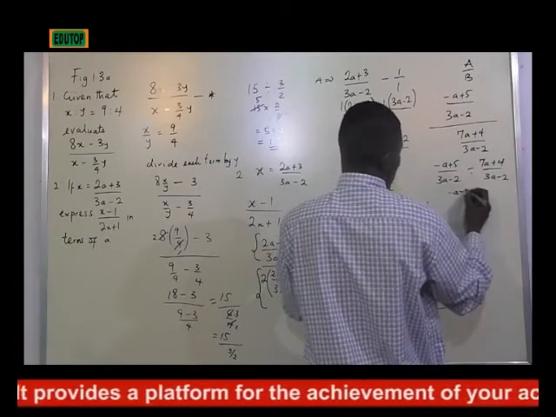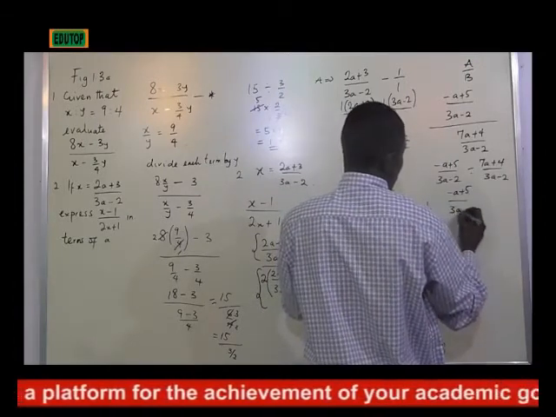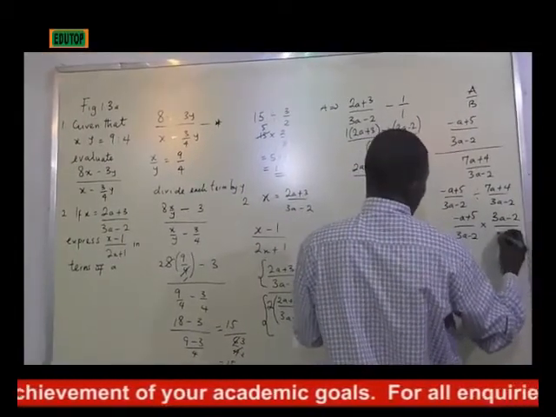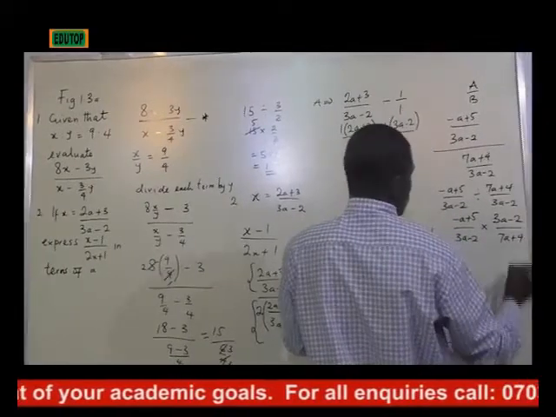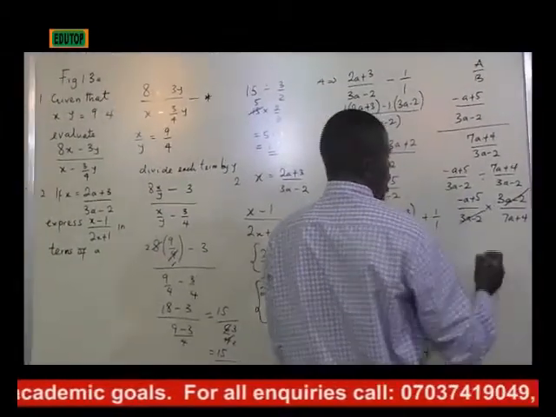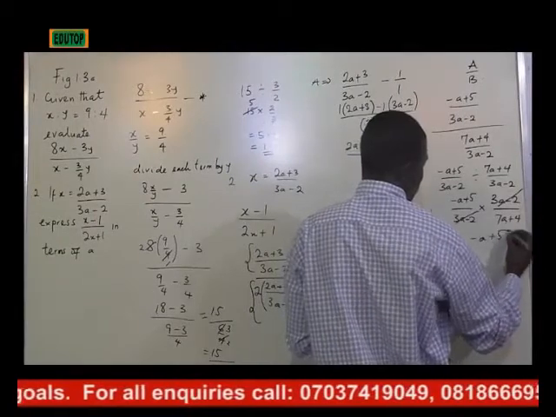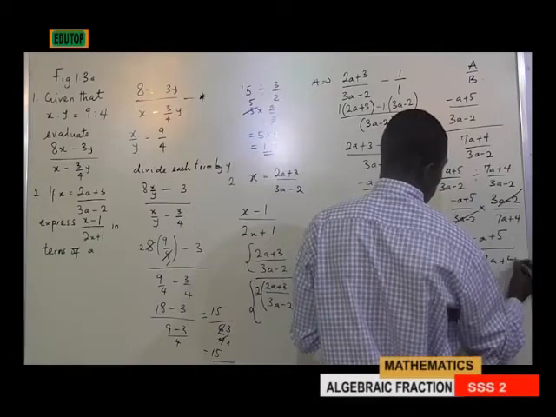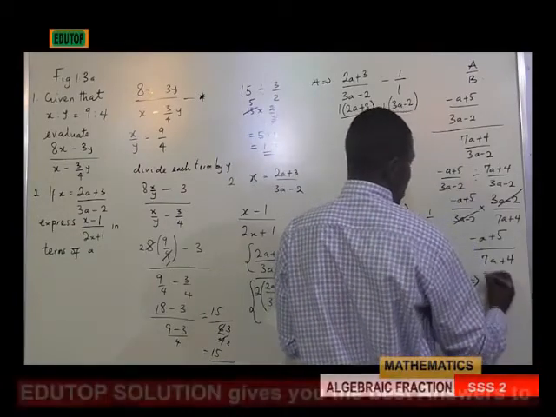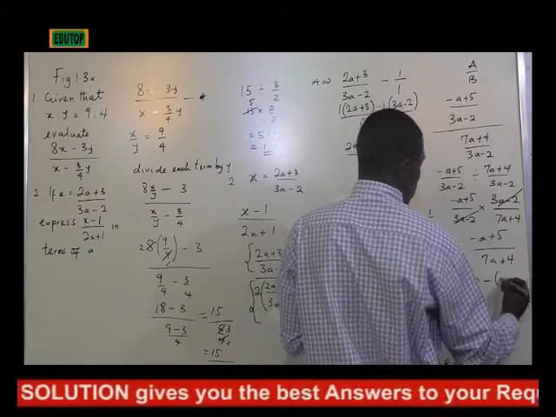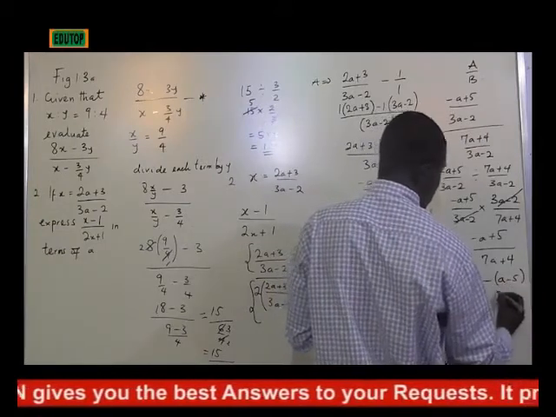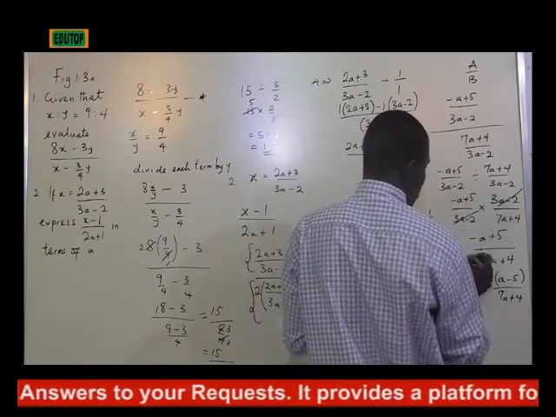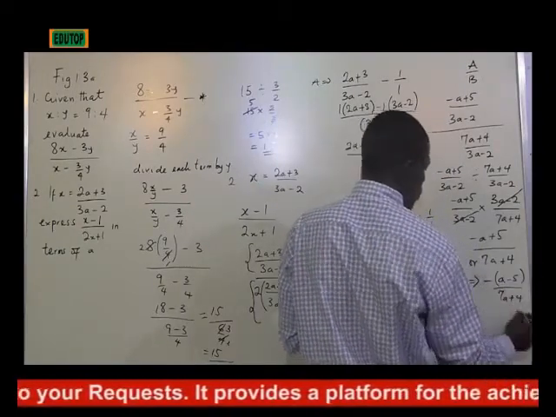So we have minus a plus 5 over 3a minus 2 times 3a minus 2 over 7a plus 4. So this can cancel this. Then I'll have minus a plus 5 over 7a plus 4, which I can write as the final note as minus (a minus 5) over 7a plus 4. So the answer can be either this or this.